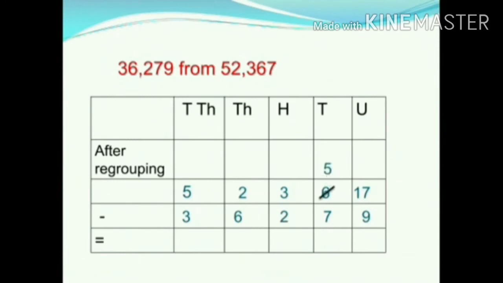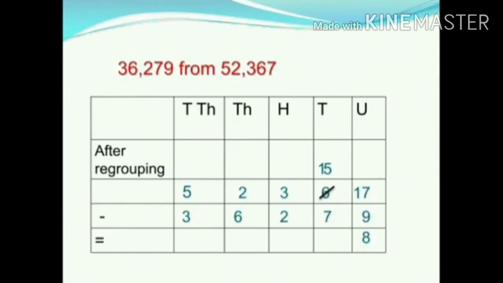Now subtract units place digits. That is 17 minus 9 equals 8. Write 8 in units place. Now we should subtract tens place digits. In tens place, 5 is less than 7. So 7 cannot be subtracted from 5. Hence borrow 100 from hundreds place. 100 equals 10 tens. The tens place can be written as 10 tens plus 5 tens equals 15 tens.